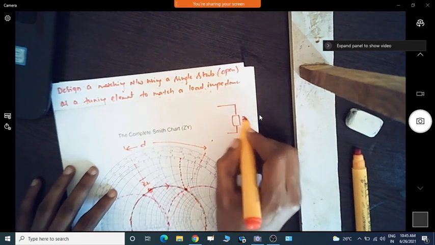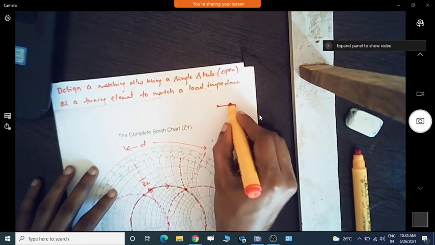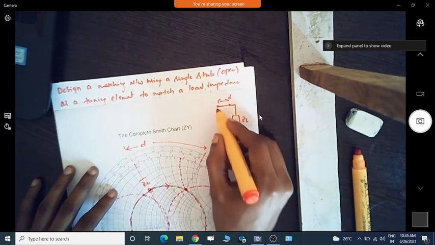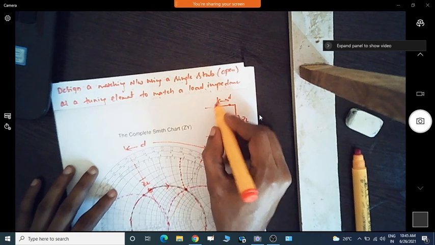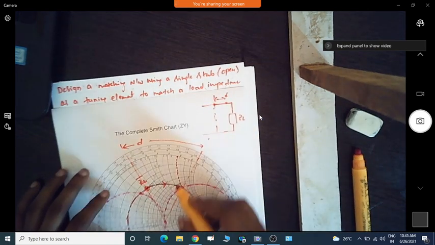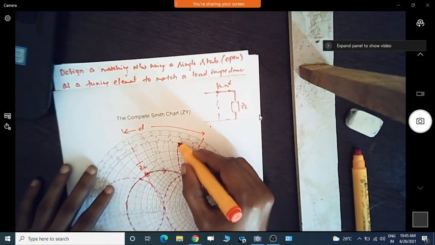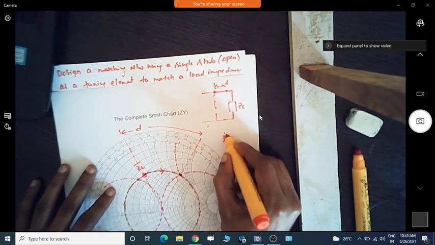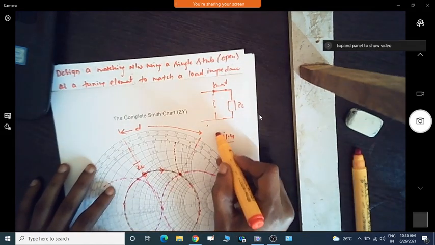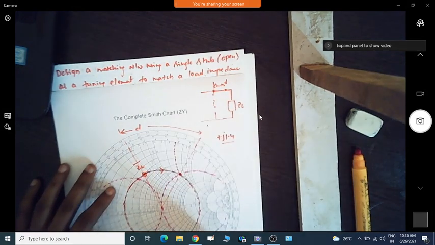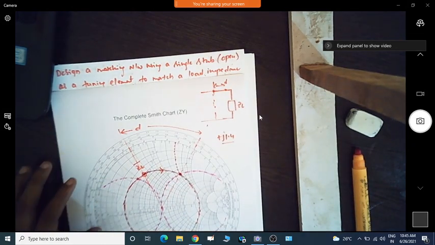This is ZL, and we have moved the distance d. At this point we'll use the series stub. The series reactance is j1.4, so we need to eliminate this j1.4. That's why I need to find the length from the open point, that is the open circuit point.